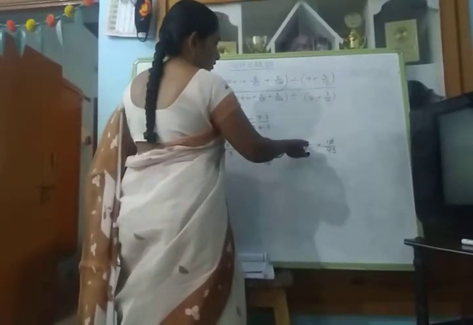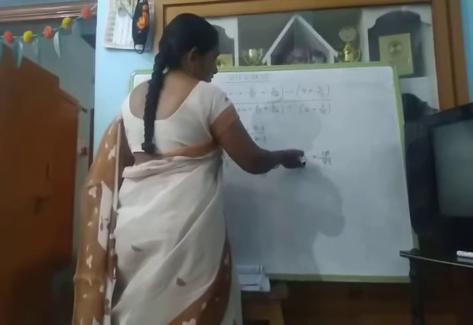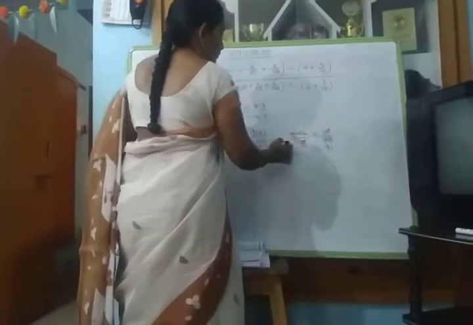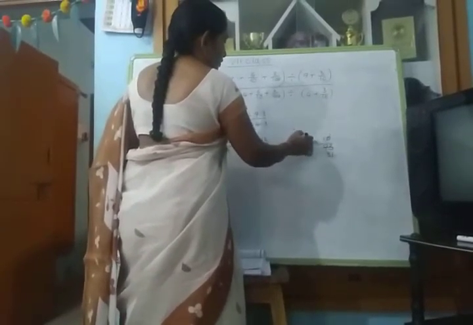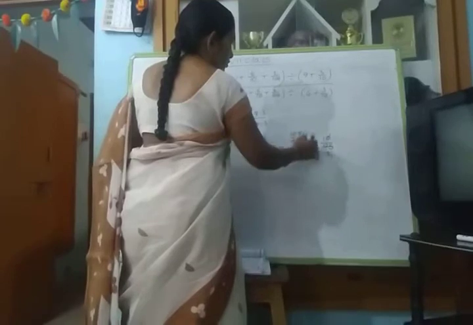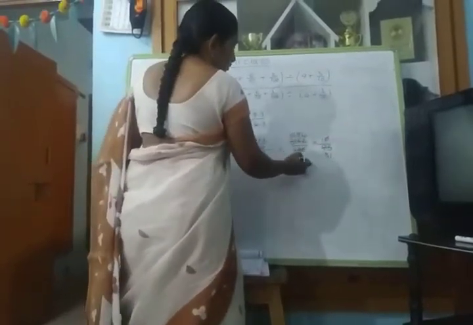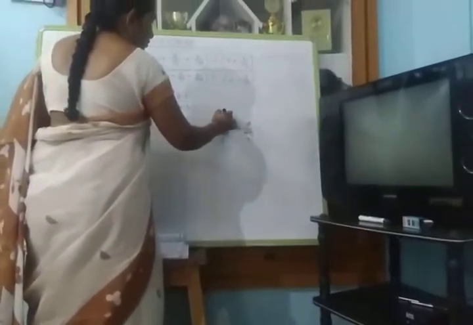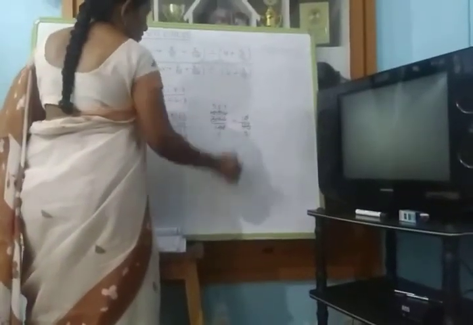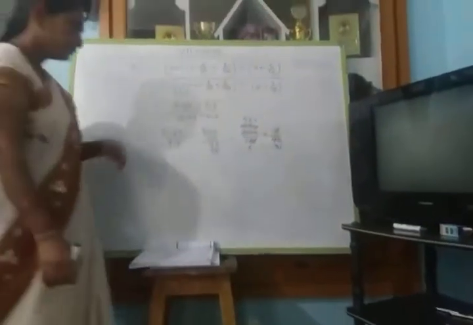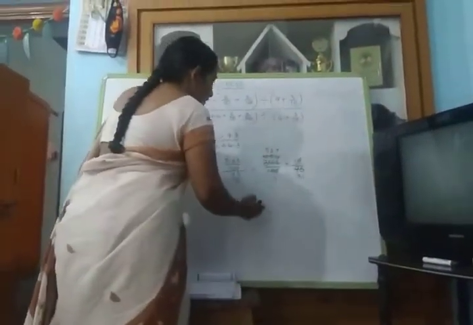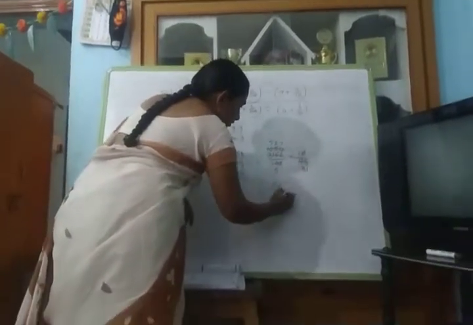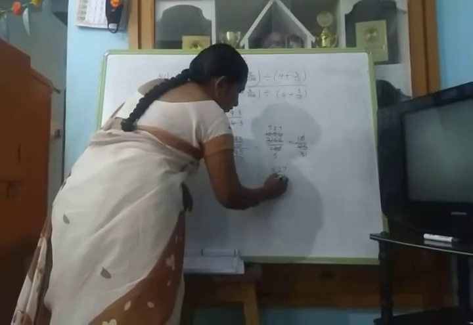This is possible with the 3 table: 3 ones are 3, 3 threes are 9, 3 ones are 3, 3 ones are 3, 0, 3 fives are 15, 3 fours are 12. Then with the 2 table: 2 fives are 10, 2 twos are 4, 2 sevens are 14. Next, here what you get? 527 by 5 ones are 5, 5 threes are 15.